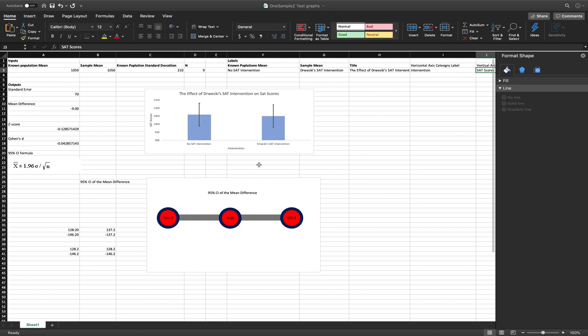That means in the worst case scenario for me, because this is my SAT course, I am harming students' SAT scores by 150 points. I'm basically taking away 150 points on their SATs. That's the worst case scenario. However, the best case scenario is that my class is adding 128 points to their SAT scores.